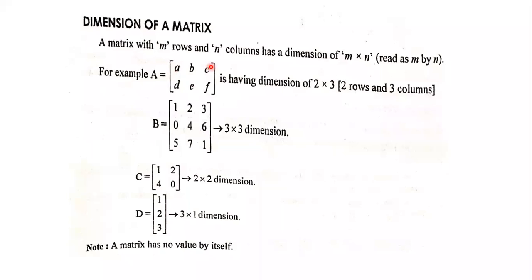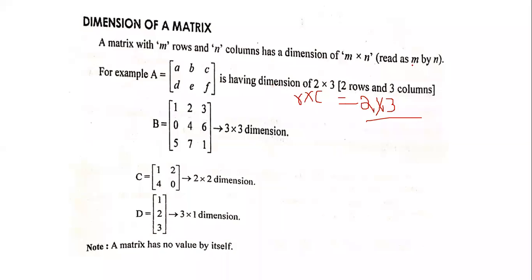How many columns? 3 columns? Good. So this matrix is in the form of row into column, that is nothing but 2 rows into 3 columns. And how do we read it? We read it as 2 by 3 matrix.